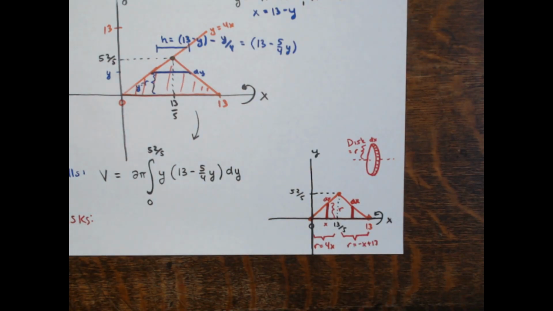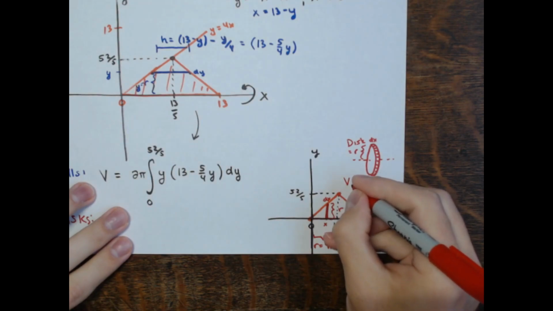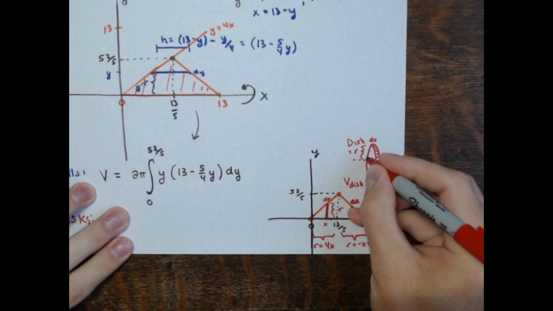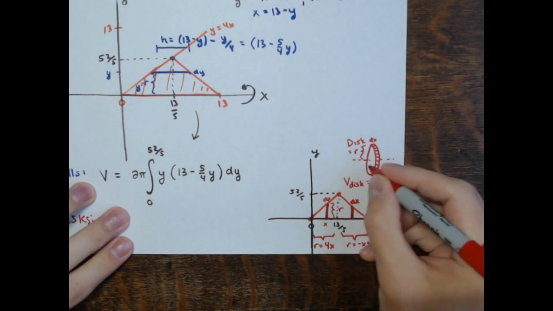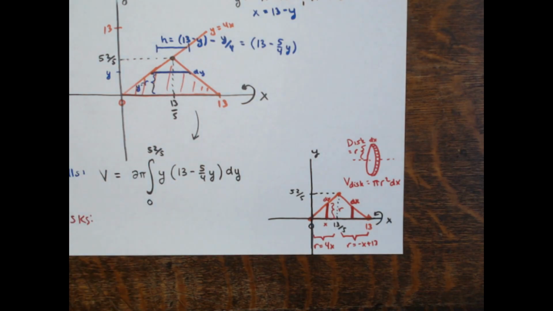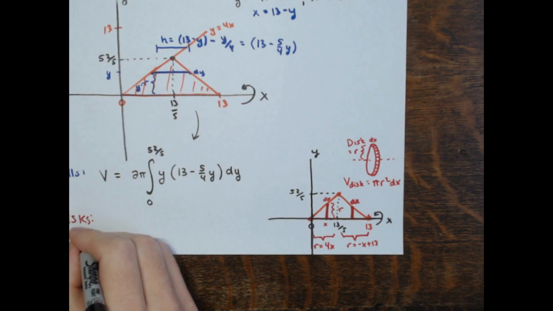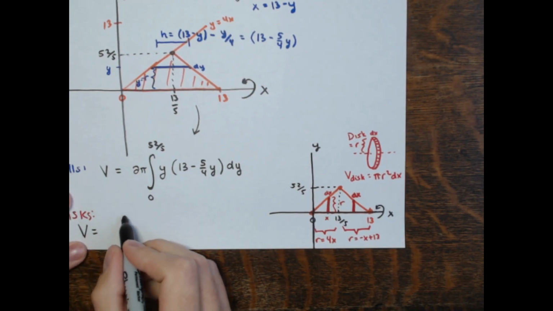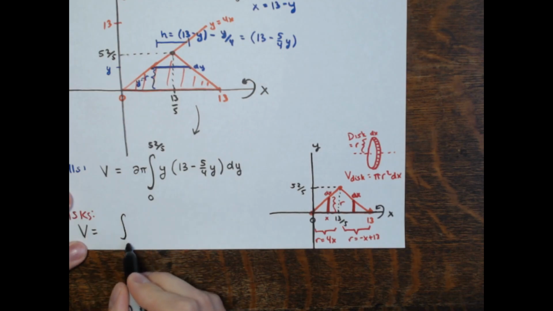So let me set that up. Remember, the volume of a disk is pi r squared, the area of the circular face, times the thickness, dx or dy. So when I'm doing disks, the volume would be, first, an integral from 0 to 13/5.